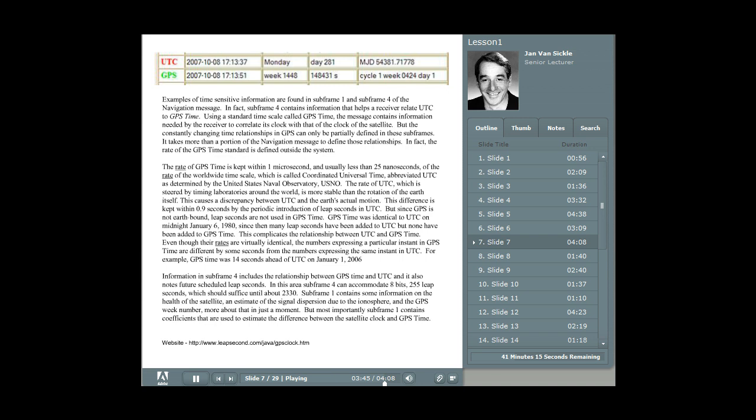So the control segment introduces a clock correction into the navigation message that gives your receiver a way to correlate the drift of the oscillator in the satellite with GPS time. This is one way to keep the time standard within limits.